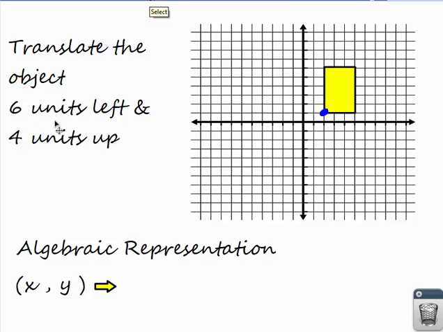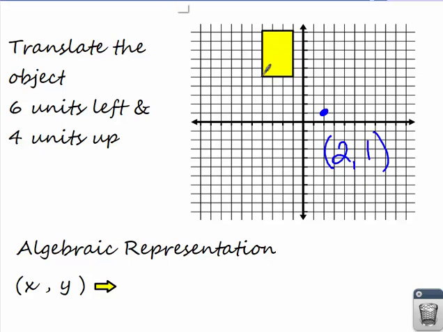This time I want to translate it 6 units to the left and 4 units up. So what is this original coordinate first? The original coordinate is 2, 1. Now I'm going to perform the translation. I'm going to move it 6 units to the left, 1, 2, 3, 4, 5, 6, and then 4 units up, 1, 2, 3, 4.